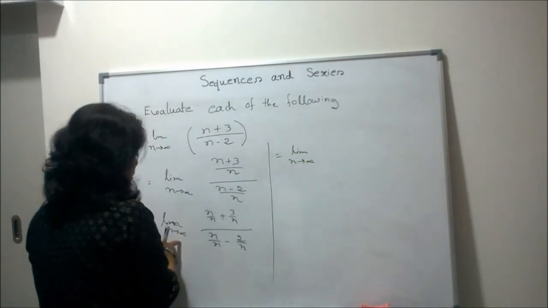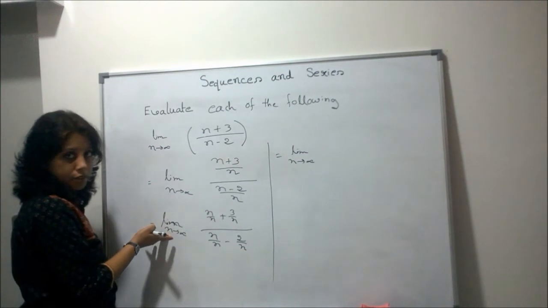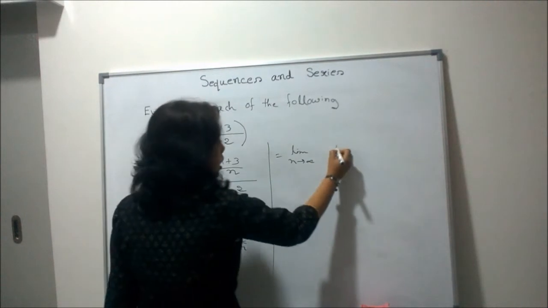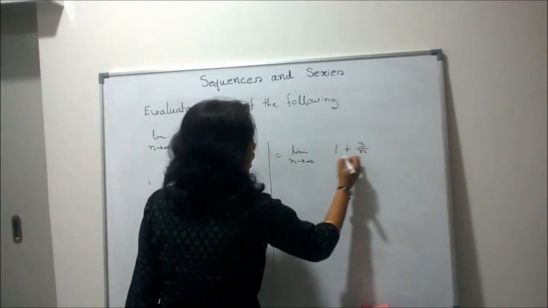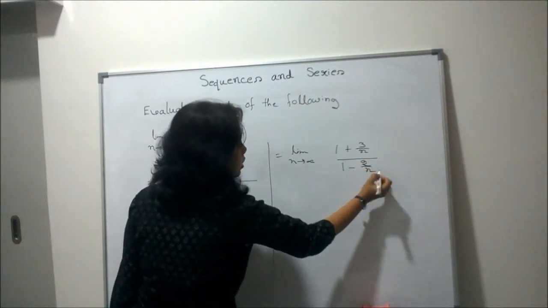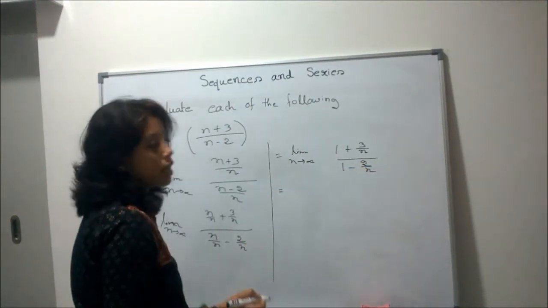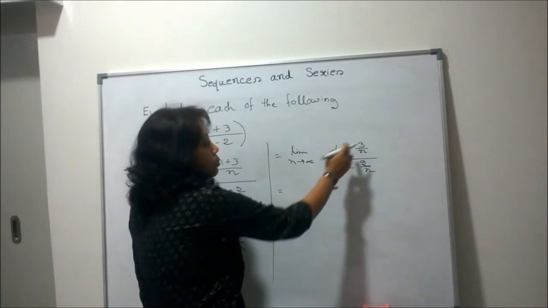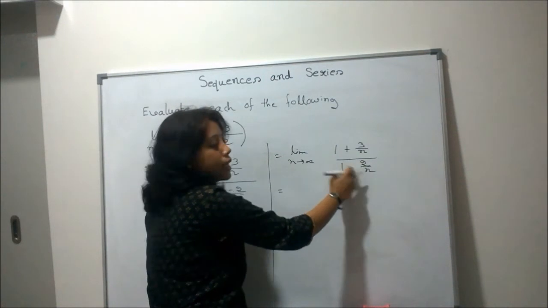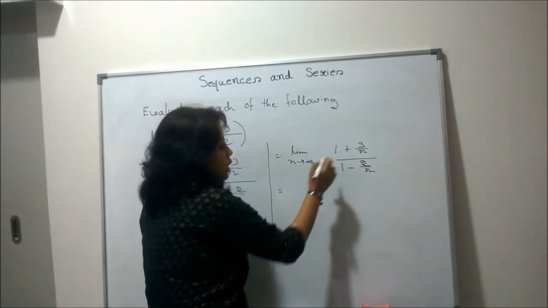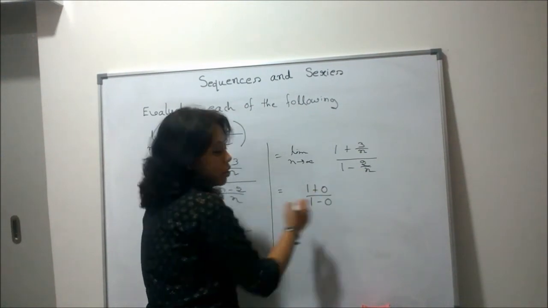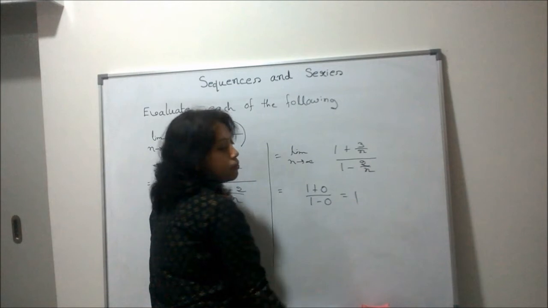Each and every step you have to write. Here n by n is 1, so 1 plus 3 by n, and in the denominator 1 minus 2 by n. Since limit n tends to infinity 3 by n is 0 and limit n tends to infinity 2 by n is 0, it becomes 1 plus 0 over 1 minus 0. So the limit value is 1.